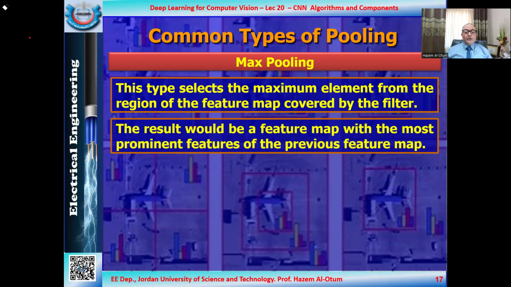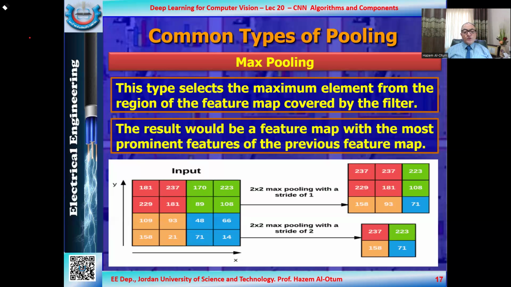If you take max pooling, you are concentrating on the features having the max values. So this gives you the ability to focus on the prominent features of the previous feature map, in order to continue processing and learning from these feature maps.